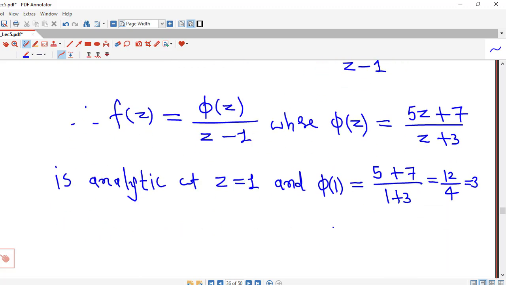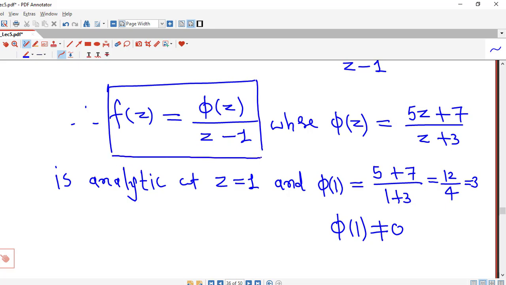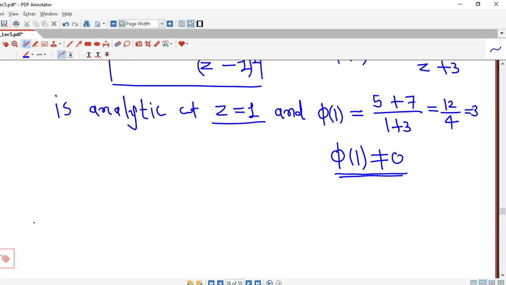So phi of 1 is non-zero. So f of z is written as phi of z over z minus 1, where phi of z is analytic at z equal to 1 and the value of phi at z equal to 1 is non-zero. Therefore f of z has a pole of order 1 at z equal to 1, or f of z has a simple pole at z equal to 1.